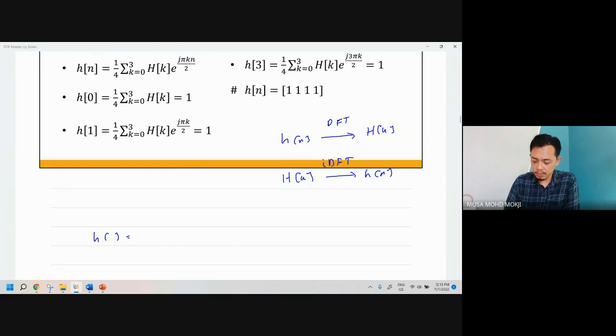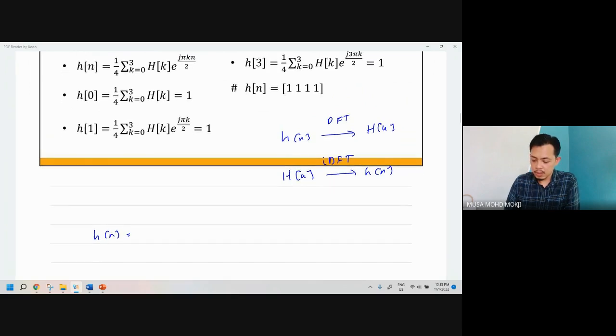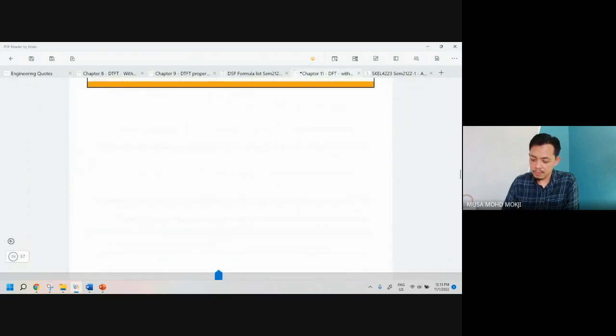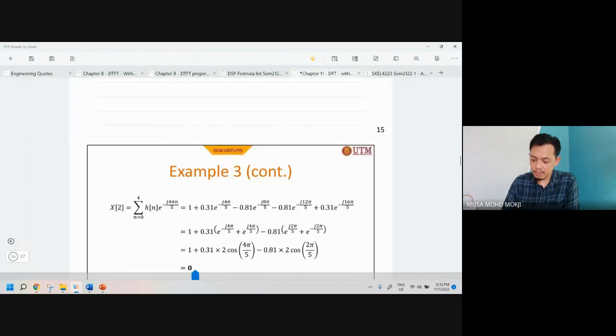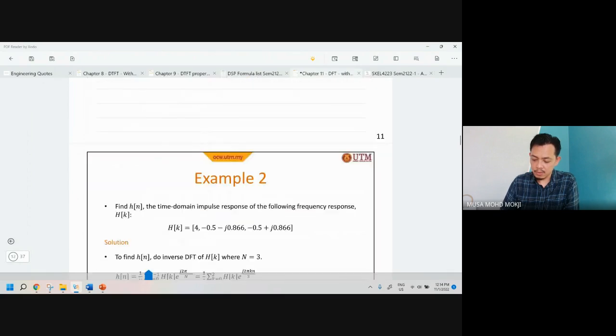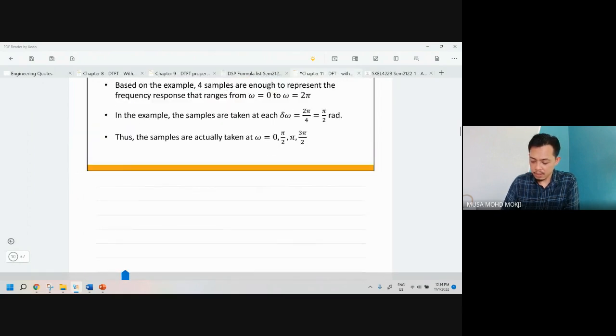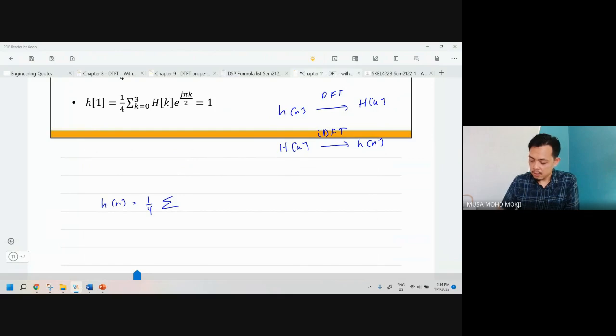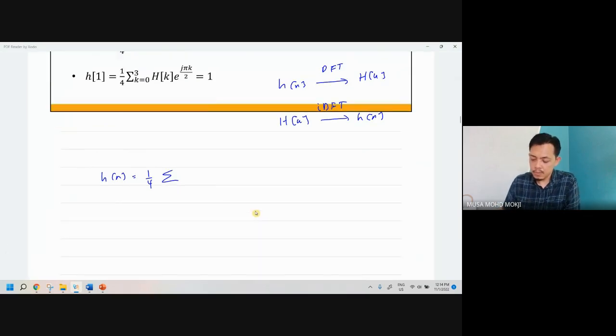We are trying to find Hn from Hk. 1 over 4, summation of k from 0 up to 3 of our Hk e^(j 2 pi k n over 4).